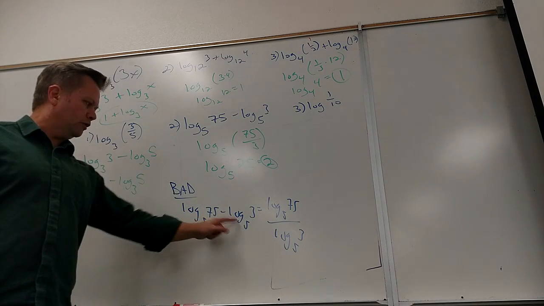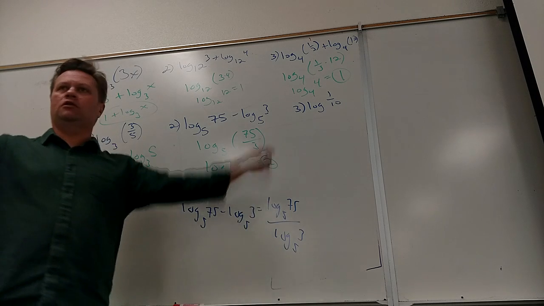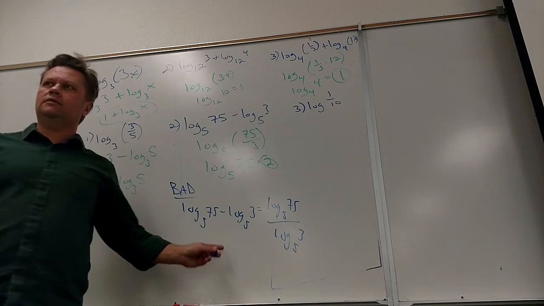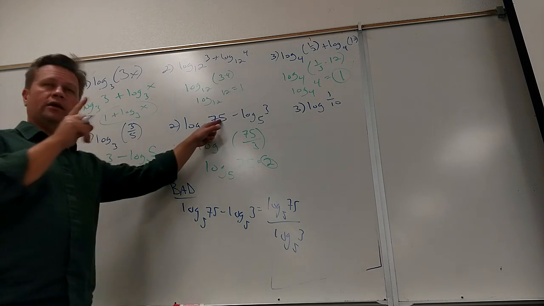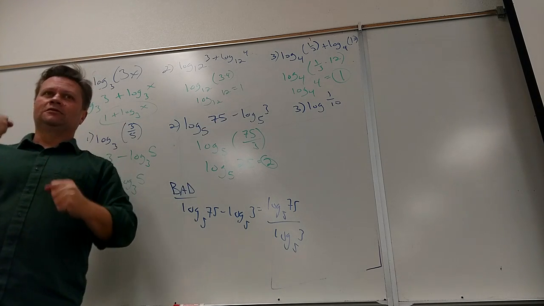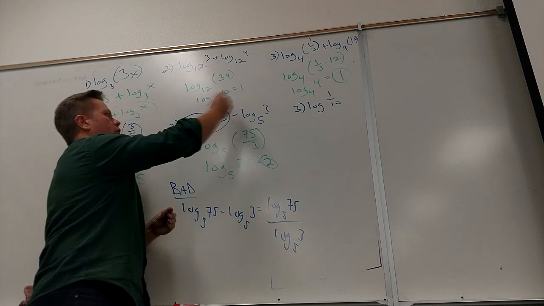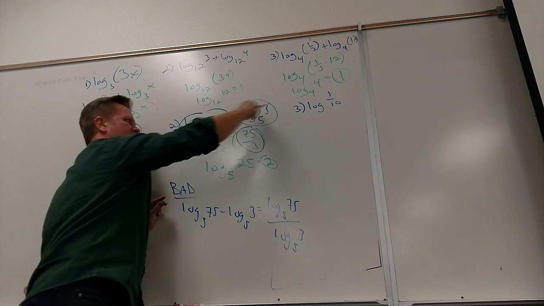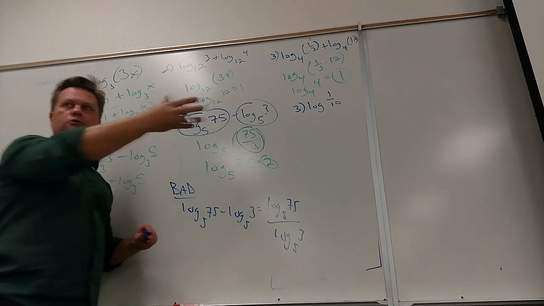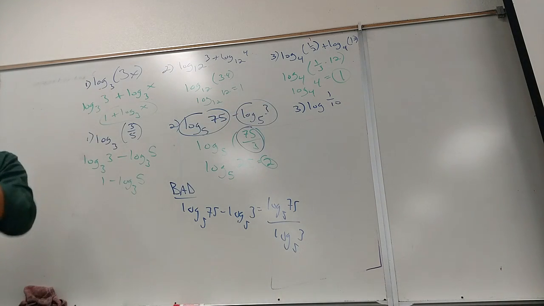So they took exactly what I was subtracting and just decided to divide them instead. This doesn't make any sense. Now, some of you guys might be like, well, Jeff, this doesn't make any sense either. But since this is a power and this is a power, when do I subtract powers? When I was dividing the things that the powers were on, right?